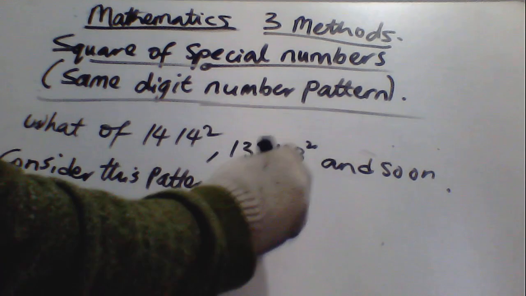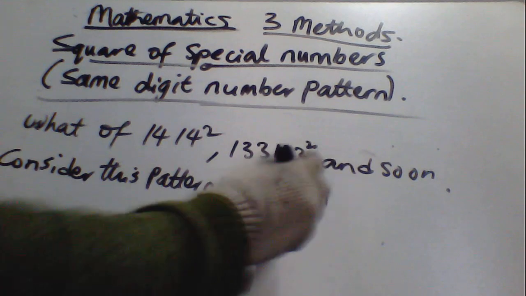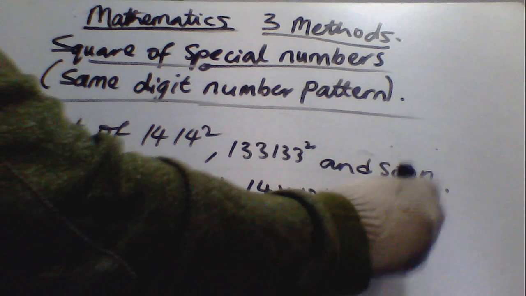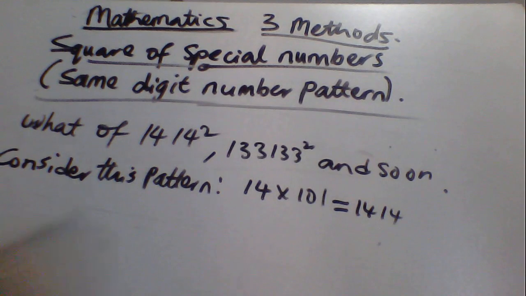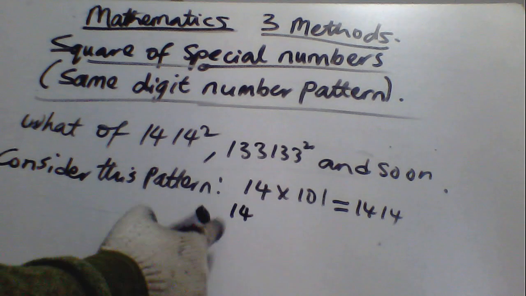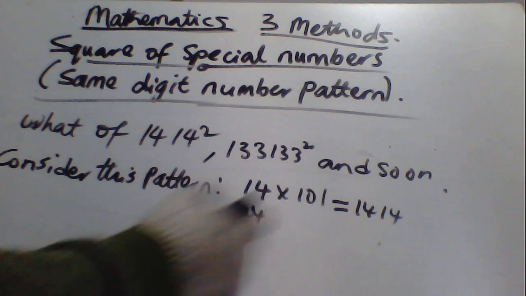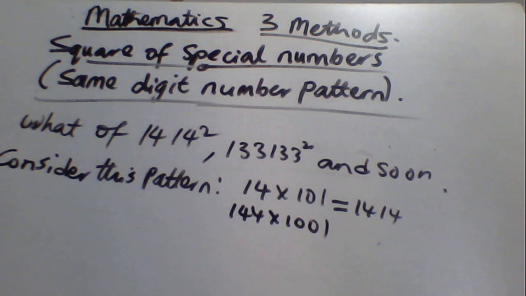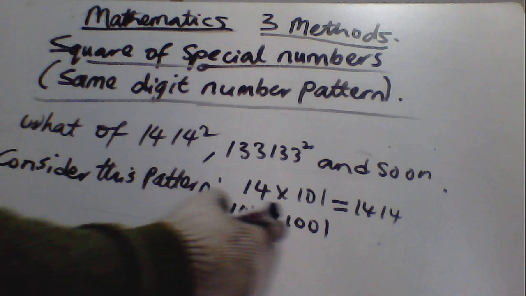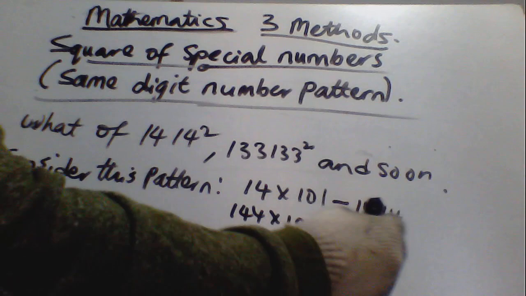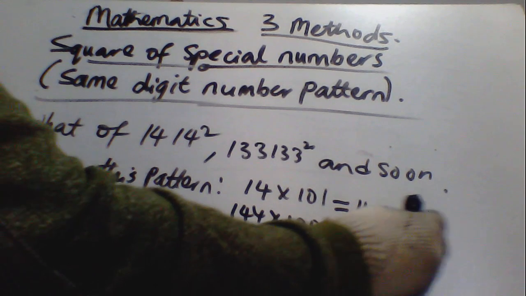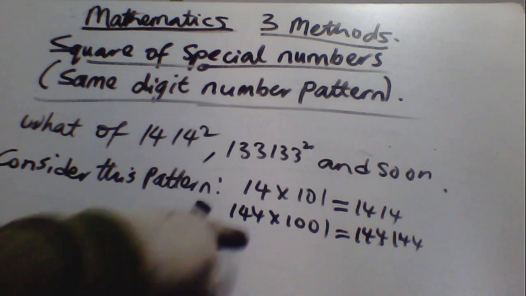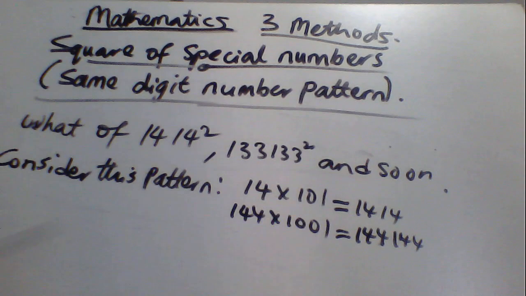What of 14 times 101? 14 times 101 is the same as 1414. And 144, I add another 4 here, times 1001. 144 times 1001 is the same as 144144. Notice when this is increasing, the 0 is also increasing.